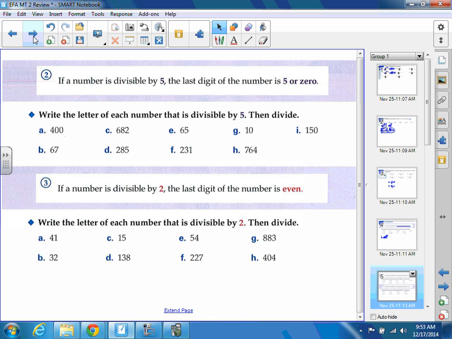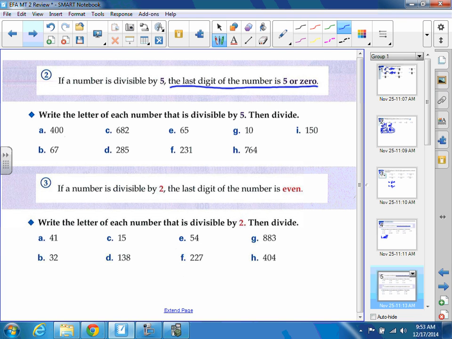The next part of the divisibility rules that we're going to look at is whether we can divide by 5 or not. Again, it's pretty easy to decide if you can divide by 5. The last digit of the number is a 5 or a 0. If I look at A, I have 400, and I see that the last digit is a 0.